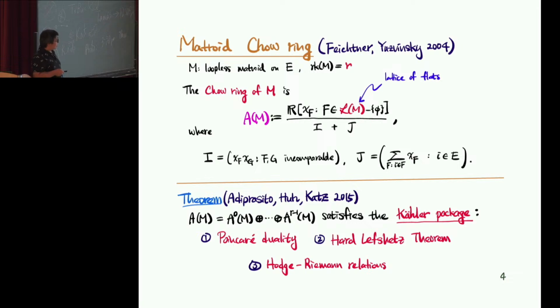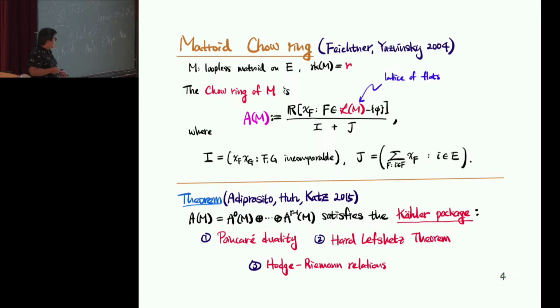Then you mod out two ideals I and J, where I is the Stanley-Reisner ideal of the Bergman fan mentioned yesterday, and J is generated by some linear forms. In Graham's talk, he mentioned some algebraic geometry background, but this can be defined purely combinatorially.